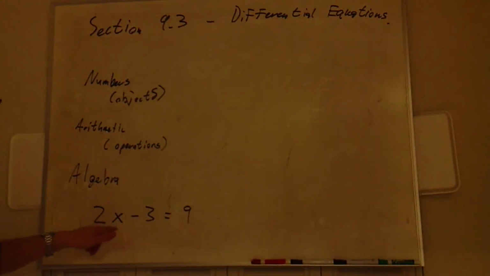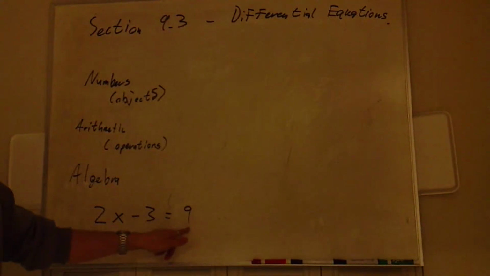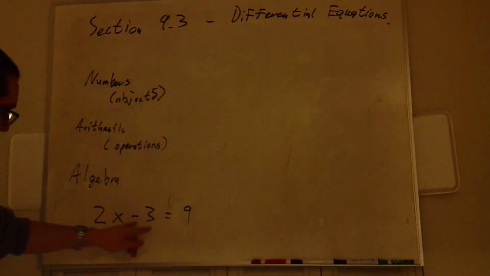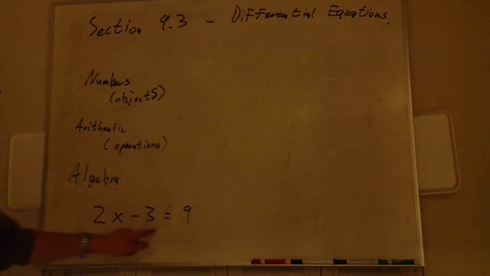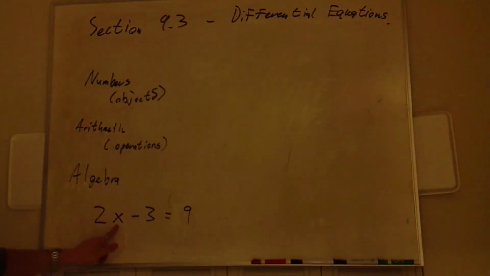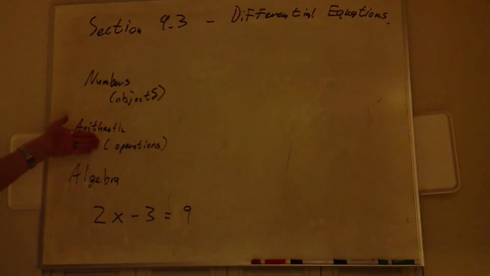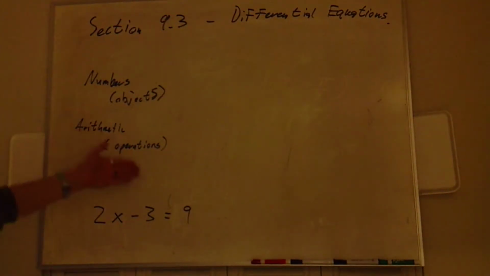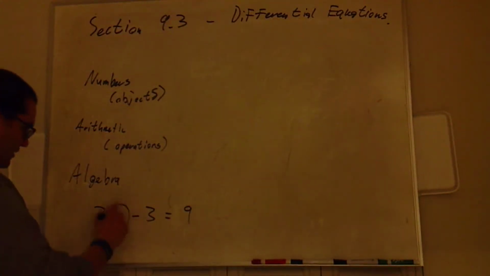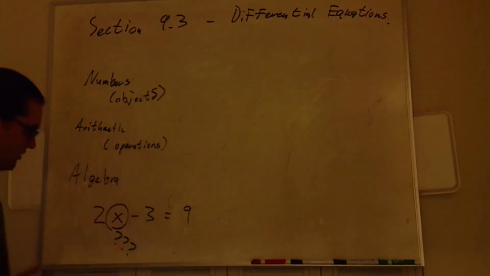And I know that if I take this unknown number and I multiply by 2 and I subtract 3, the result is 9. So I know the operations, I know the result, I don't know the original number, but the entire point of algebra is working backwards, finding ways to undo these operations so you can discover what this unknown number is.